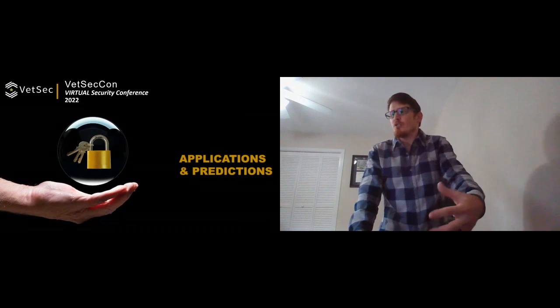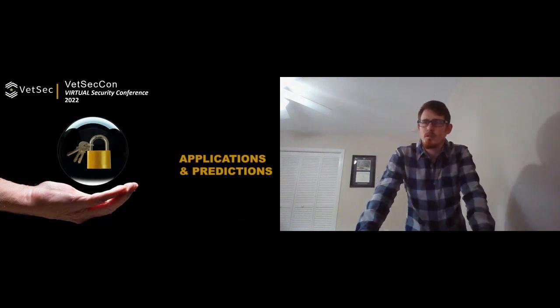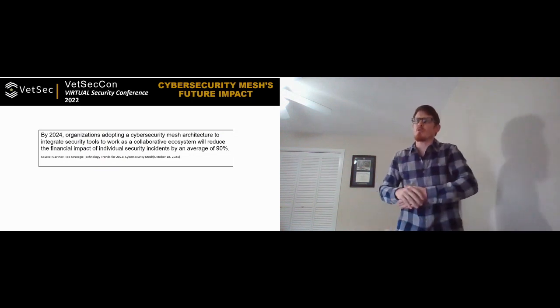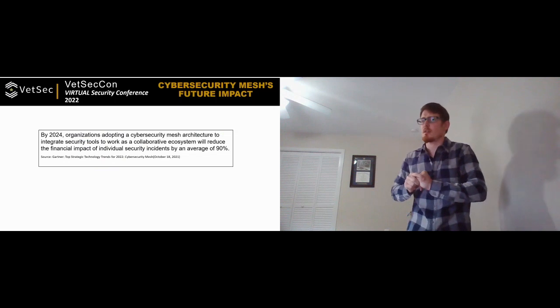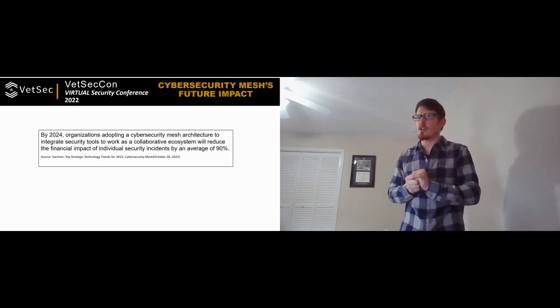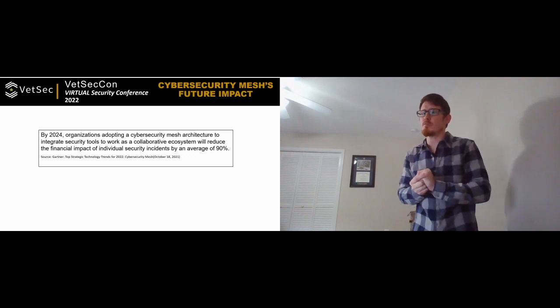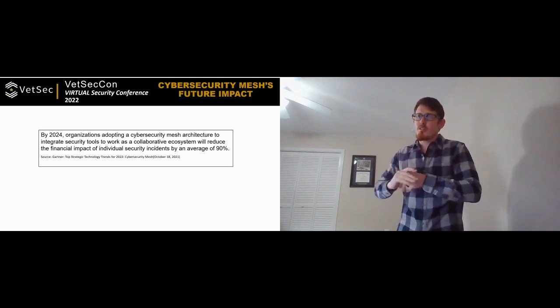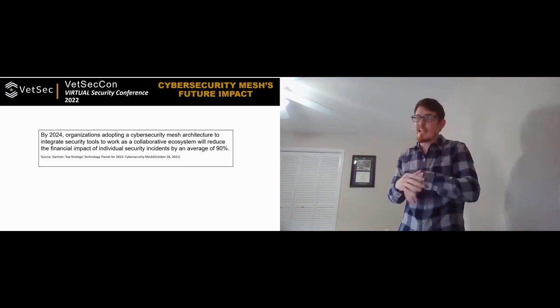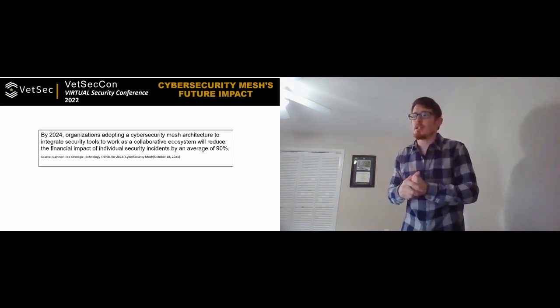So moving on to the future, Gartner just came out, and last year said that by 2024, organizations adopting a cybersecurity mesh architecture to integrate security tools to work as a collaborative ecosystem will reduce the financial impact of individual security incidents by an average of 90%.